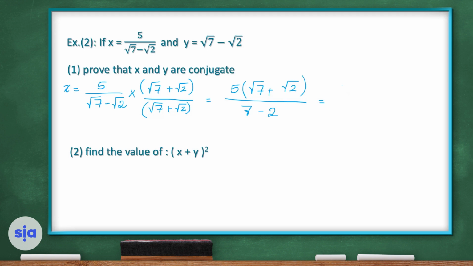If you simplify it more, it's 5 times root 7 plus root 2 over 5. Then it is root 7 plus root 2. If x is root 7 plus root 2 and y is root 7 minus root 2, then for sure x and y are conjugate.